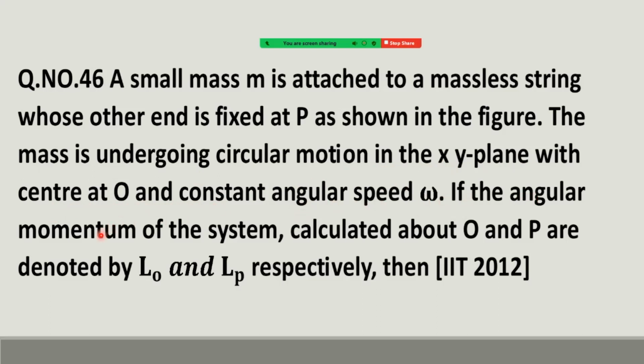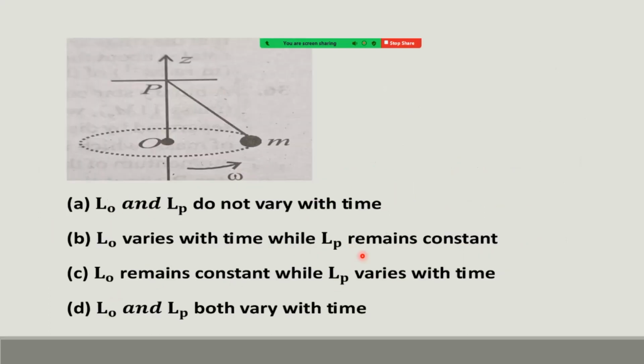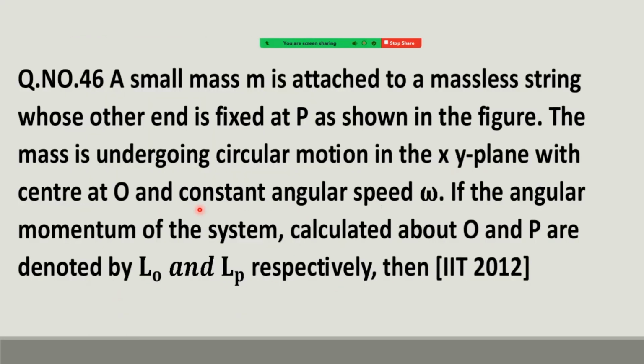If the angular momentum of the system calculated about O and P are denoted by L0 and LP respectively, then we have to see options like changing, not changing. Okay, let us see how to start the problem.